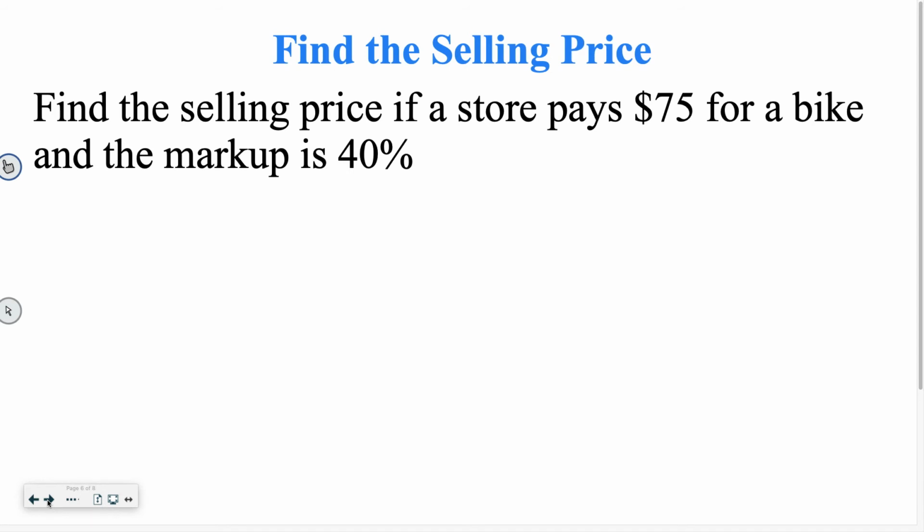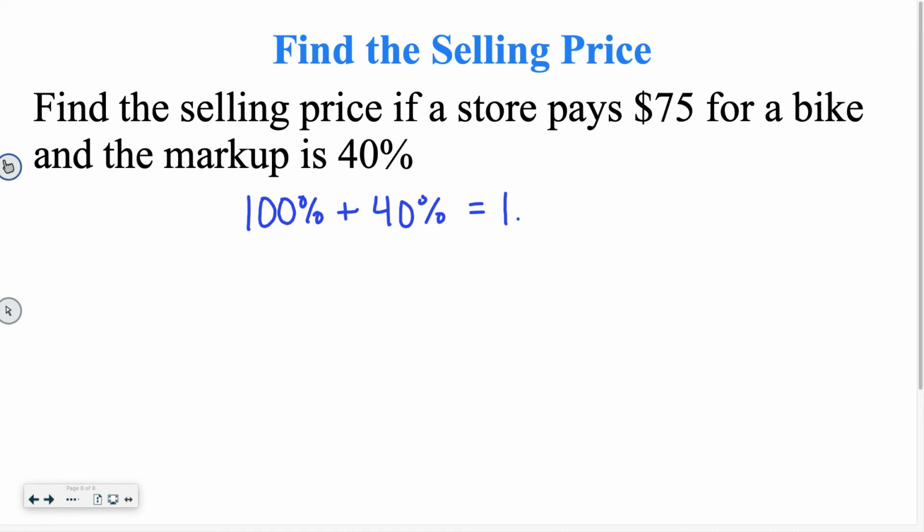Find the selling price if a store pays $75 for a bike and the markup is 40%. So again, the store is going to charge you 100% of what they paid, and now they're also going to charge you 40% more so they can earn money and keep operating as a business.